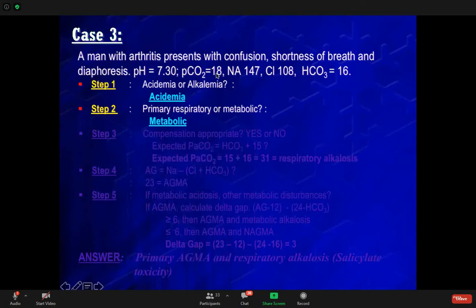There is no compensation. ايش معناها؟ ايه ما في compensation، لأن الرقم اللي المفروض يطلع CO2 31 صح ولا لا؟ صح. موجود عندي هنا 18، معناها المريض عنده primary metabolic acidosis، معناه انه عنده another problem صح ولا لا؟ صح.